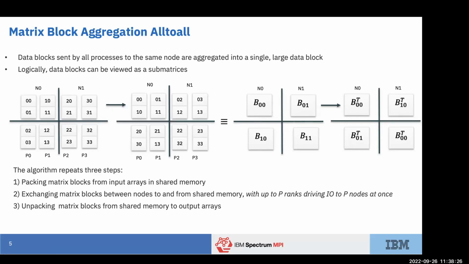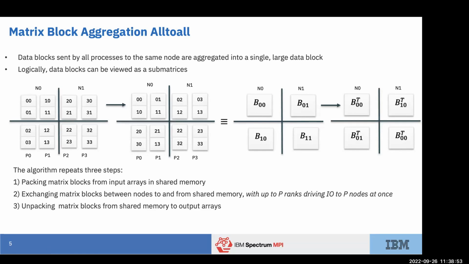We have only one stage in this case to exchange data. But again, like in the Bruck algorithm, we have these messages aggregated. So this is just the basic idea of the algorithm, which repeats 3 steps.